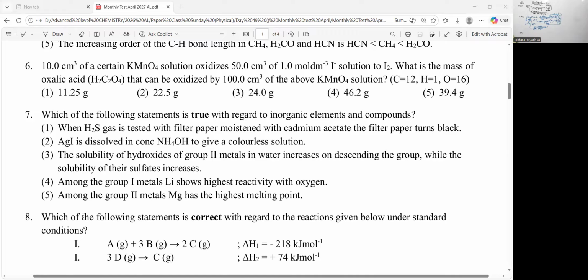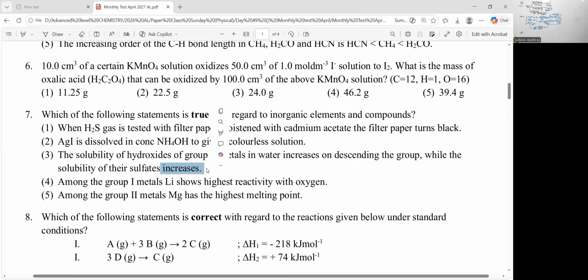Right? That statement is also wrong. The solubility of hydroxides of group 2 metals in water increases on descending the group. That part is correct. While the solubility of their sulfates does not increase, it should decrease.